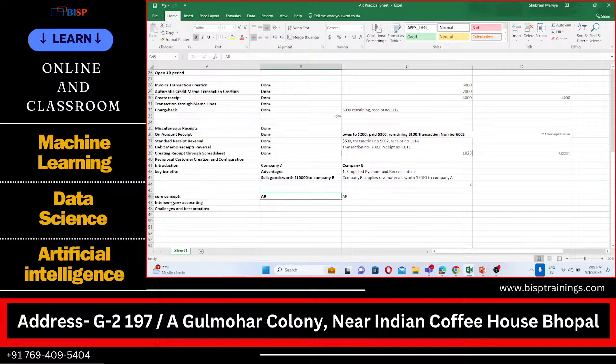Now, there is intercompany accounting in reciprocal relationships. In cases where the reciprocal customer is part of different legal entities within the organization, intercompany accounting becomes essential. This feature ensures proper tracking of transactions between business units. Let's take an example.